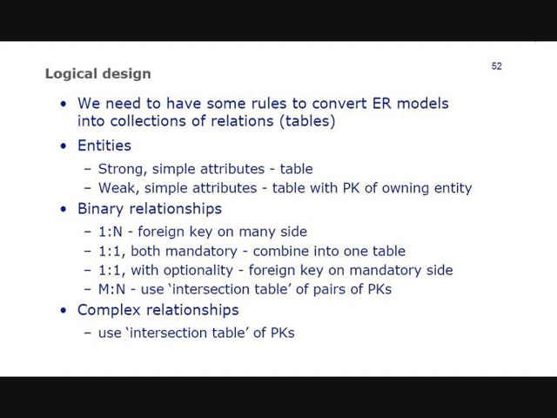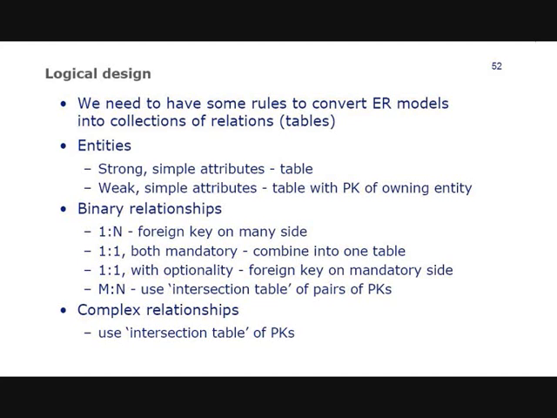I find an intersecting entity, and that intersecting entity takes the primary key for both entities that are forming that many-to-many relationship. If I have complex relationships, the ternary or quaternary relationships that I saw at the beginning, again I have to break those down into the intersecting tables with the primary keys for each intersecting table appearing in there.